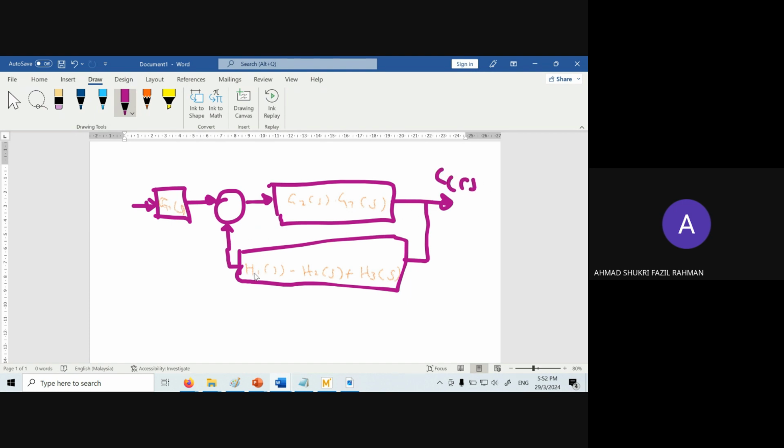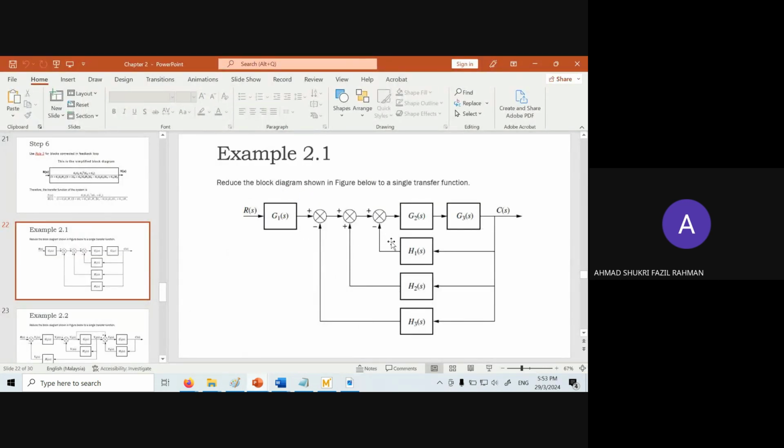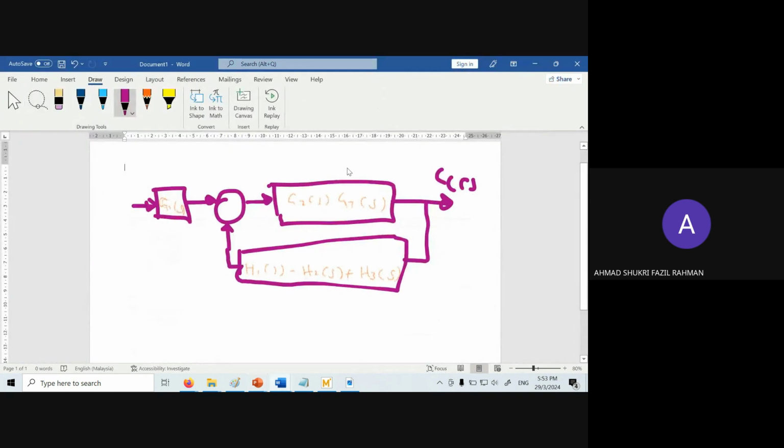Okay, so you can see here, if we refer back to the example, H1 is actually negative, so we want to put negative here. So H1 should be positive, and then H2 should be negative, and H3 also should be negative. Why? Because we already represent it by the signal R(s).